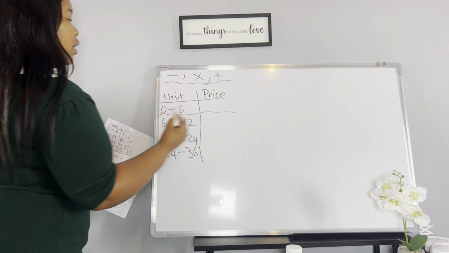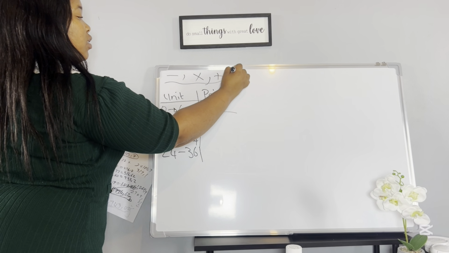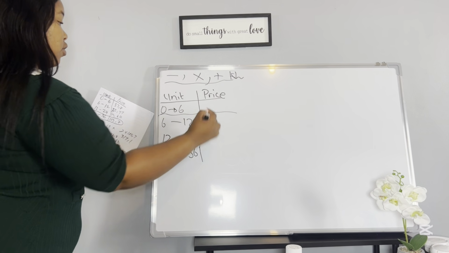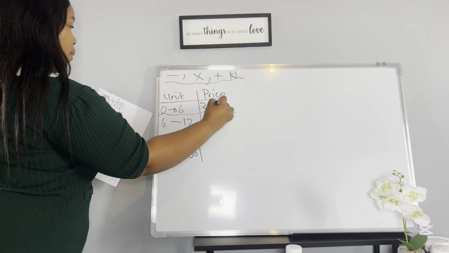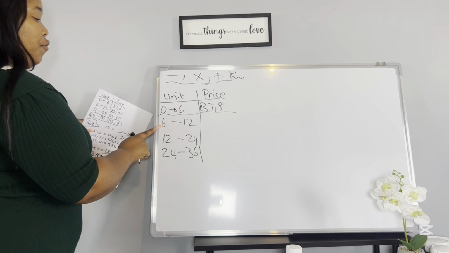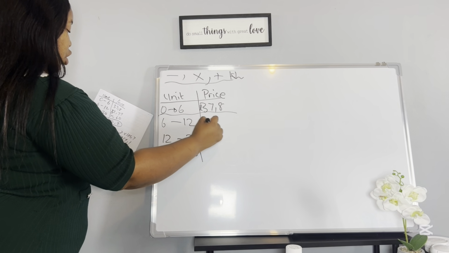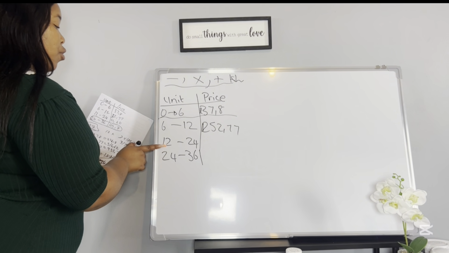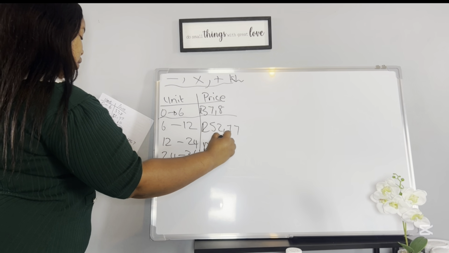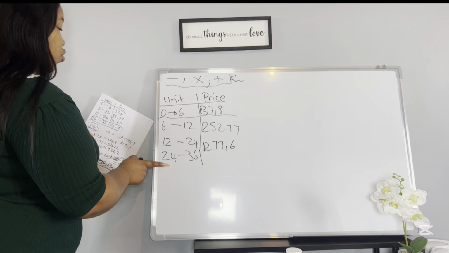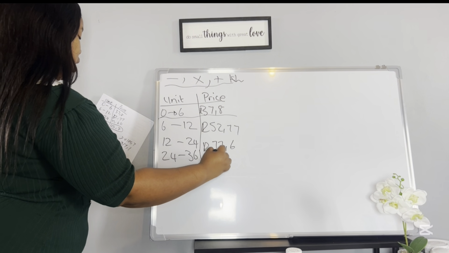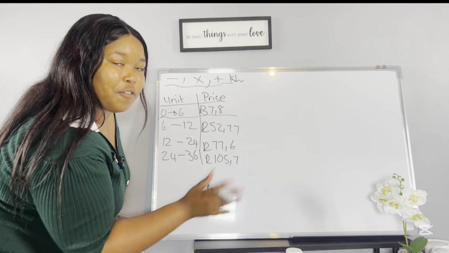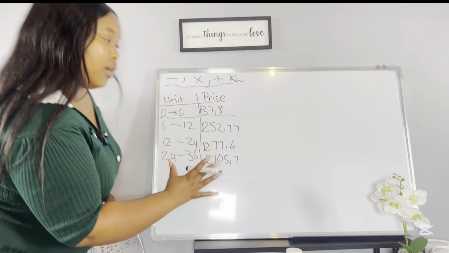We are doing a water tariff, so we're using kiloliters. If you use from 0 to 6 kiloliters, you're going to pay 37.8 rand. Then if you use from 6 to 12, you're going to pay 52.77. Then from 12 to 24, 77.60. If you use from 24 to 36, you're going to pay 105.7. Remember, please go watch the first video to be able to understand what's going on here.